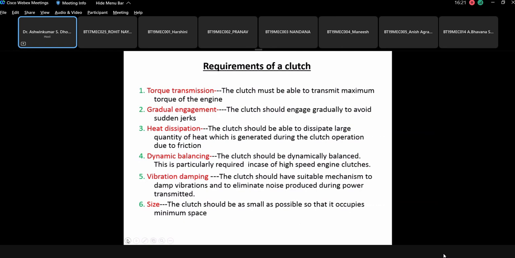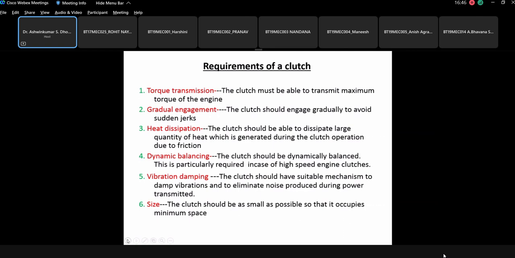So we have seen that friction plays a very important role. All the time we say that the friction has to be as little as possible, but there are certain applications like brakes and clutches where friction is desired, for power transmission in the case of a clutch, and for energy absorption in the case of a brake. So friction is not always bad.